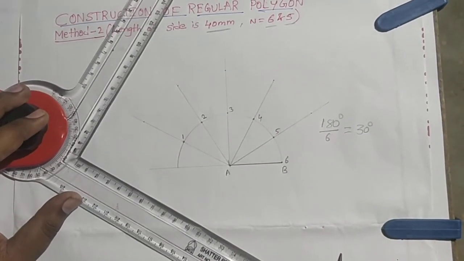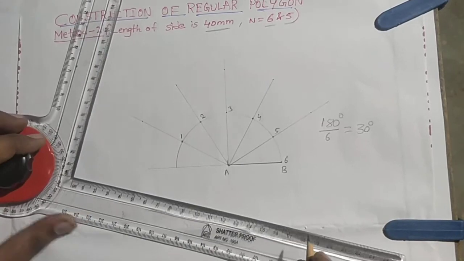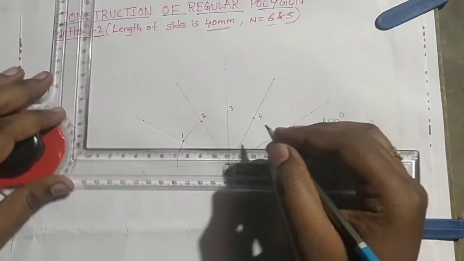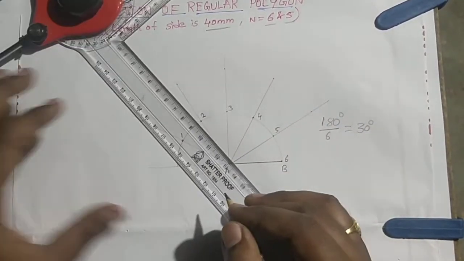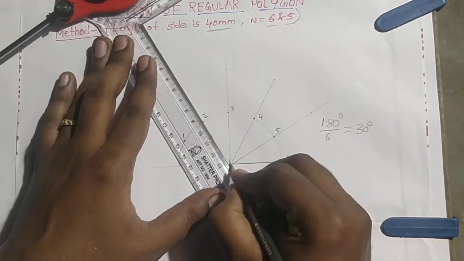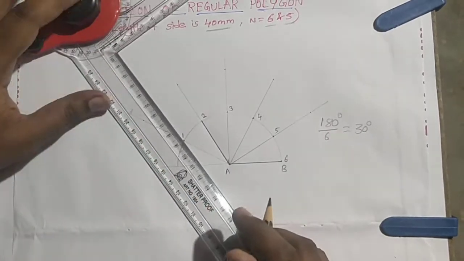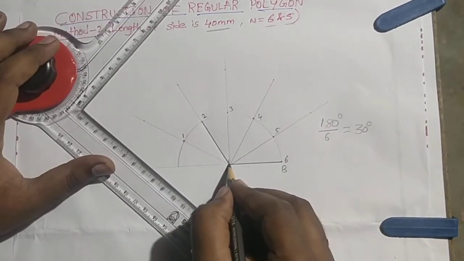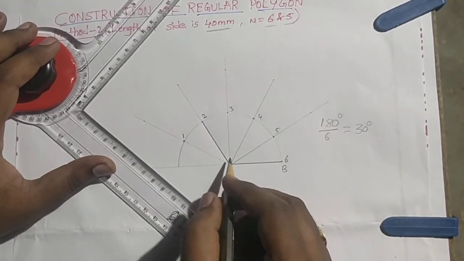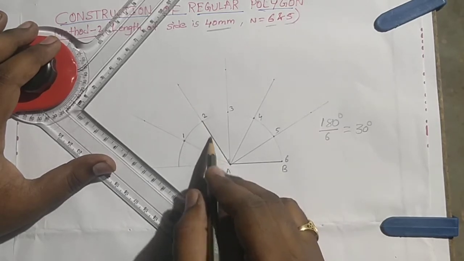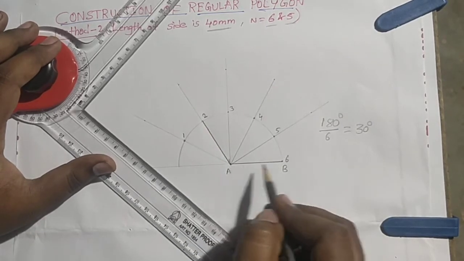Next, here AB and 2A are the two sides of the required hexagon. Now bisect lines 2A and AB.